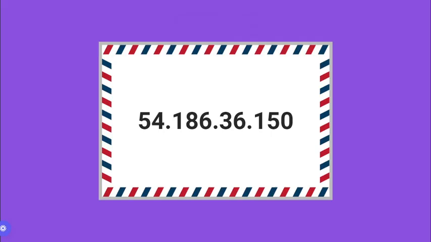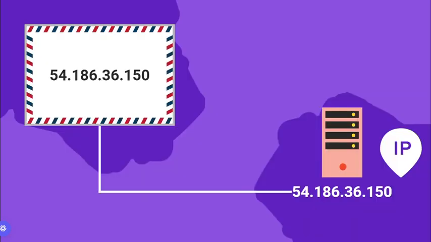It's exactly like I'm sending a letter to my great aunt June who lives in the United States, but instead of writing her home address on the front of the envelope, I am writing the IP address, and rather than using the mail service, I am using my ISP to send the message to the server that I want to access.